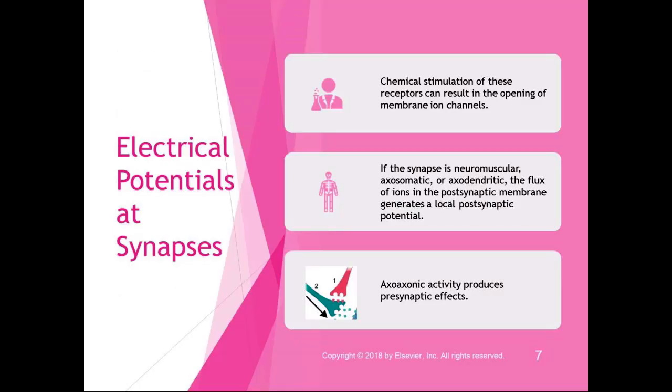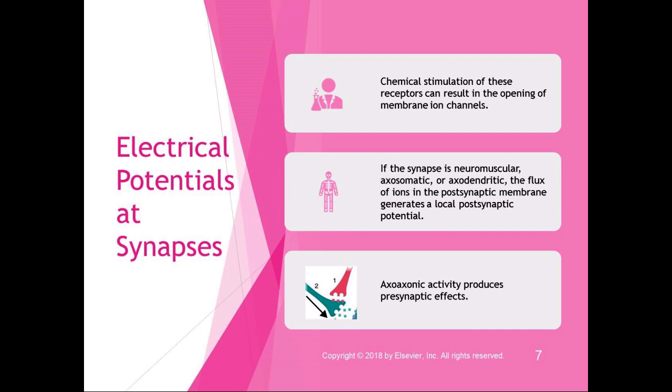So the chemical stimulation of the receptors on the postsynaptic membrane can result in the opening of membrane ion channels. Those are those ligand-gated ion channels. If the synapse is neuromuscular, so we're at the neuromuscular junction, it could also be axosomatic, which means that the axon is synapsing with the soma of another neuron. Axodendritic, where the axon is synapsing with the dendrite of another neuron.